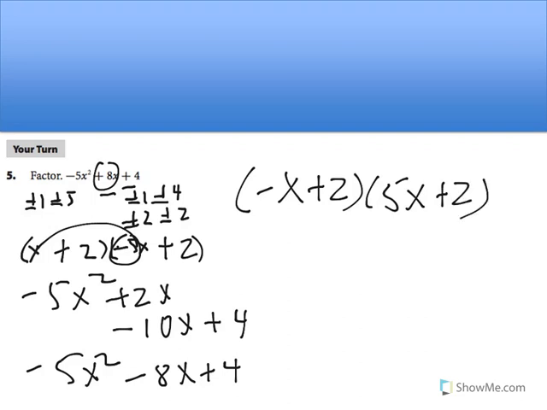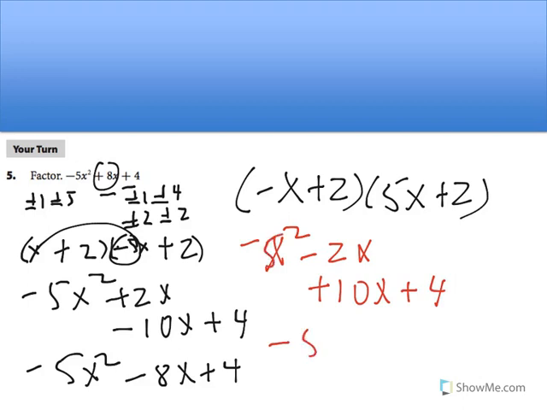Then we can use FOIL to test this out. This gives us negative 5x squared minus 2x plus 10x plus 4, which is negative 5x squared plus 8x plus 4.